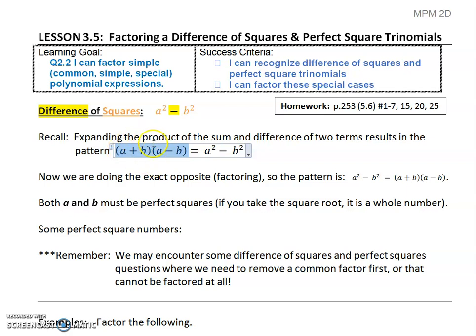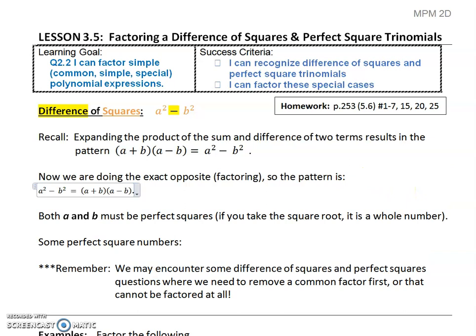When we did the distributive property and multiplied everything in, and then simplified, we actually got the difference of squares as our answer. Now, I want to show you that we can go backwards. If I recognize the difference of squares, could I then go backwards into the brackets? And yes, I can. It's actually pretty simple.